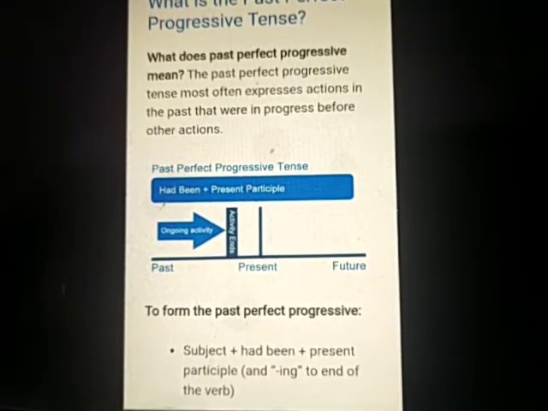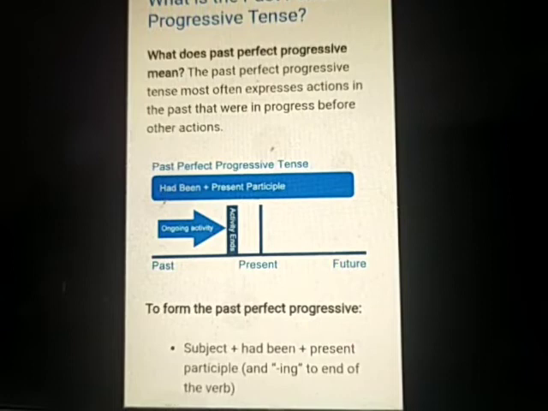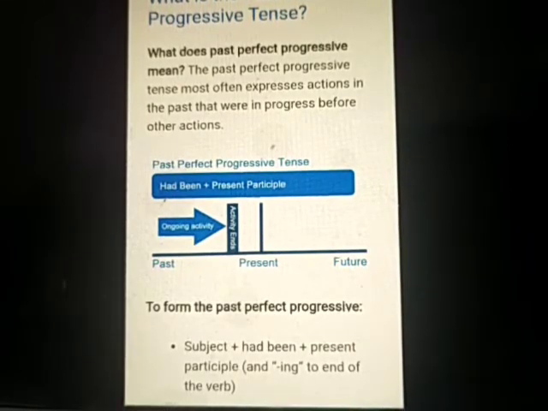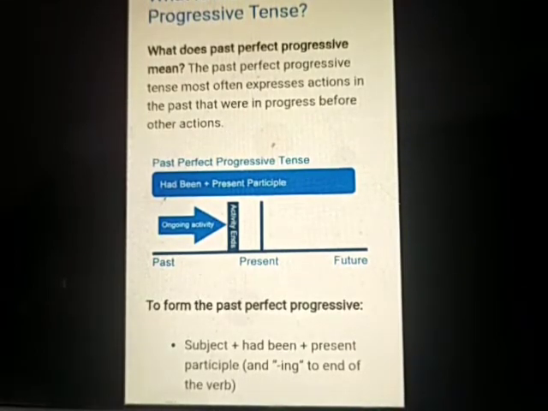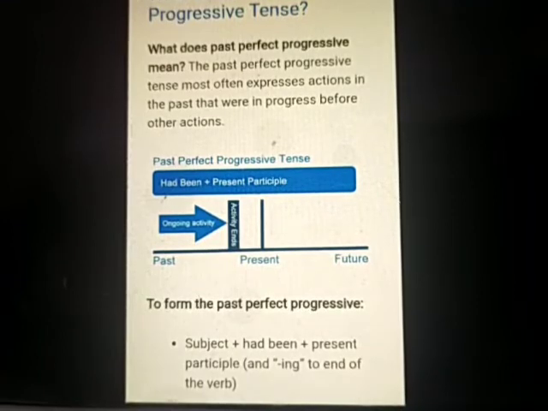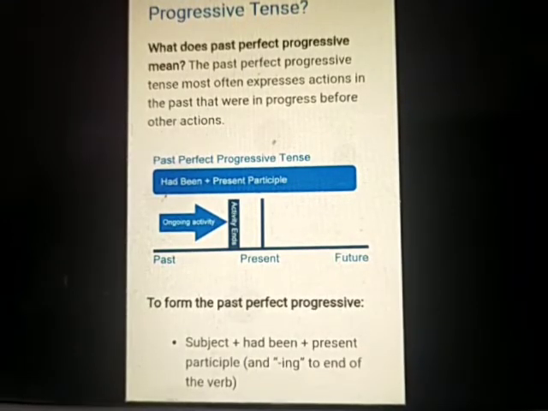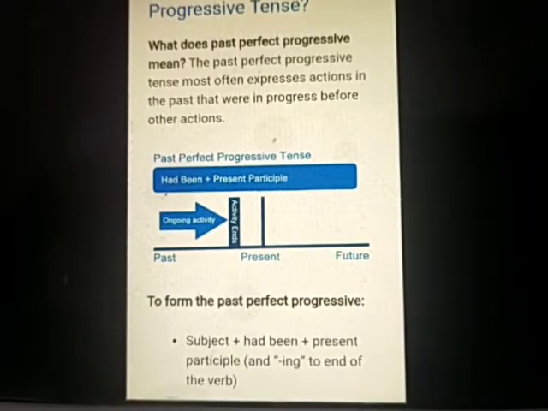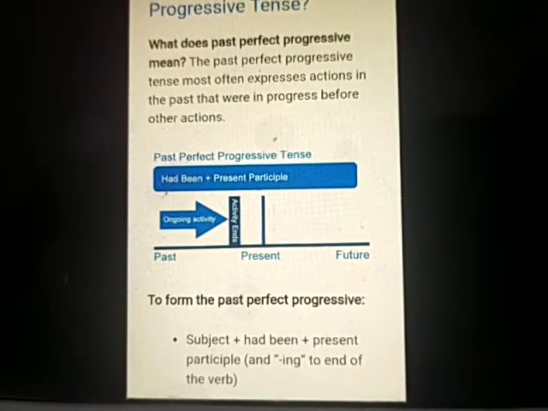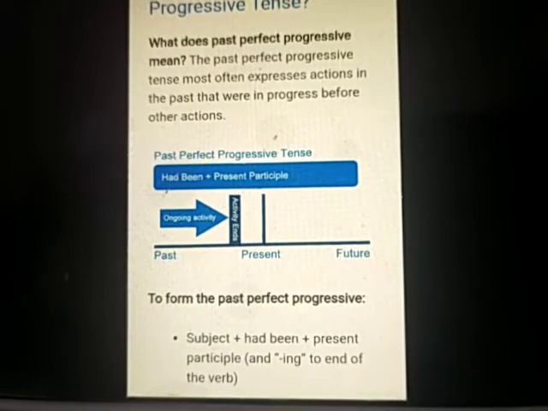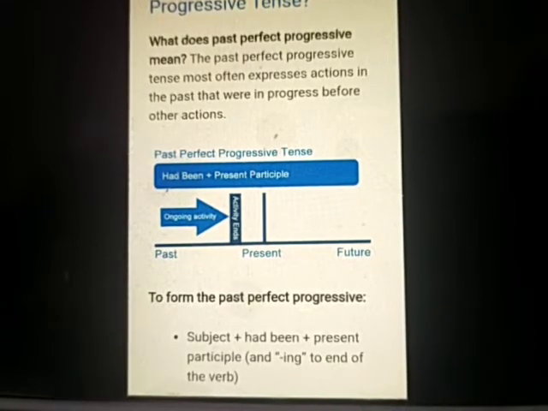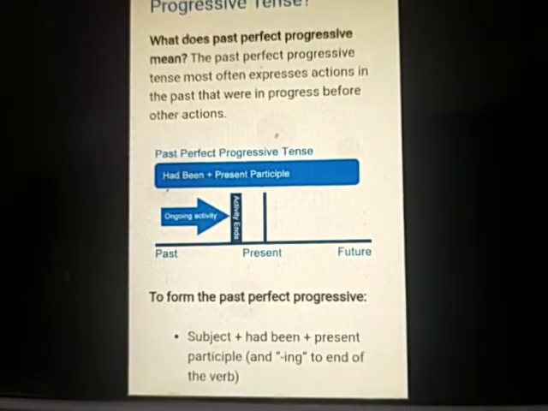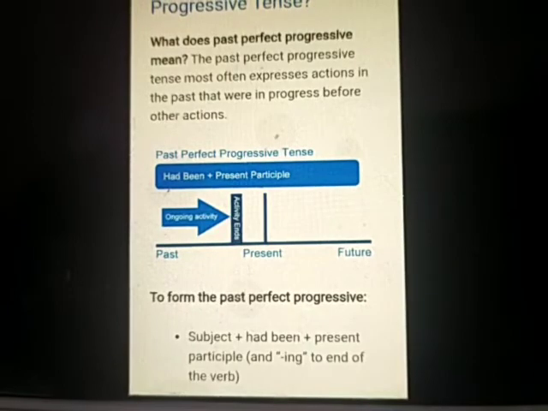To form the past perfect progressive, we have to use subject, had been as a helping verb of past perfect progressive, present participle form of the verb, or you can say first form of the verb, which is having ing, or you can say ing form of the verb.